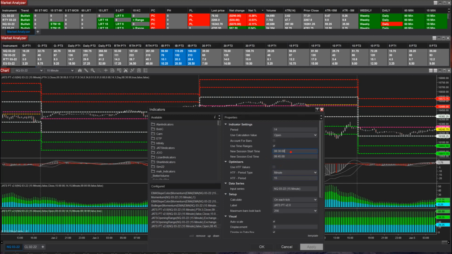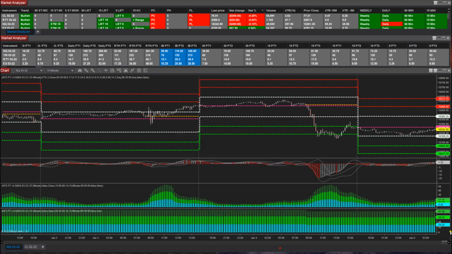So for instance, between 8:30 in the morning and 8:45 in the morning, I can see on this bottom oscillator that over the last 14 sessions, we've ranged anywhere from 29.25 points, 58.25 points for medium volatility.